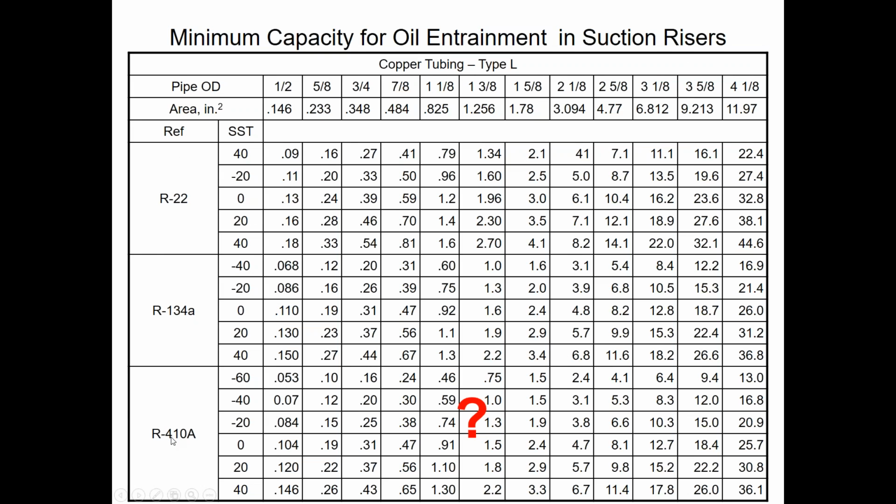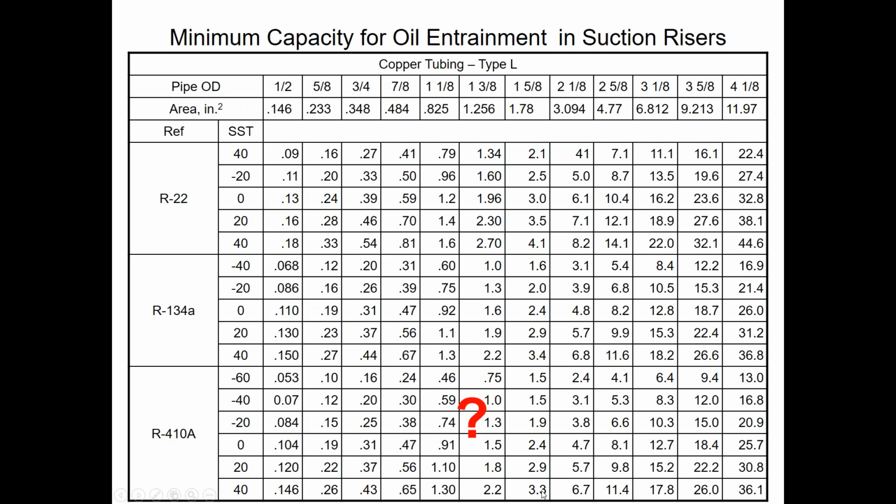So let's say we've got R410A, and let's say we've got a 1 5/8 suction line. Well, for a 1 5/8 suction line, you come down to R410A, and then we're at a 40-degree evaporator. If you use these charts, we're always going to use a 40-degree evaporator in the table.